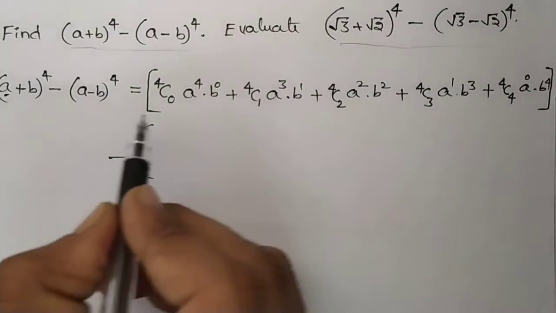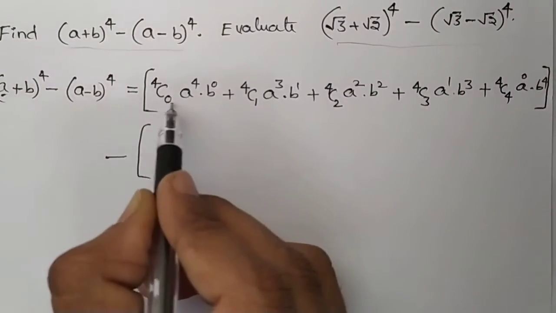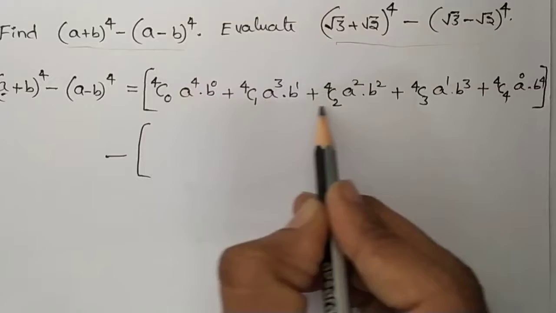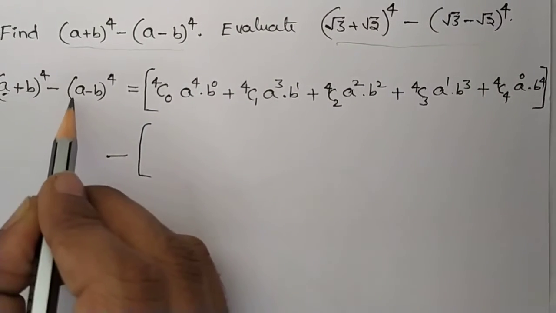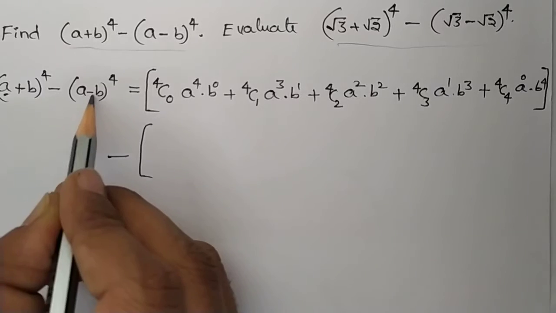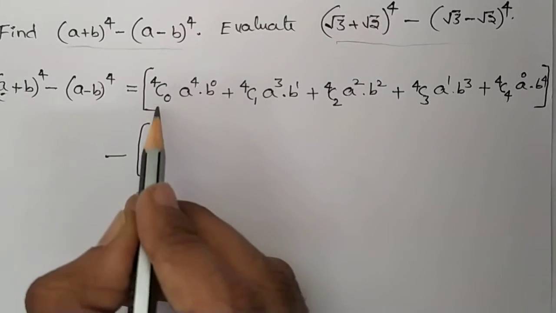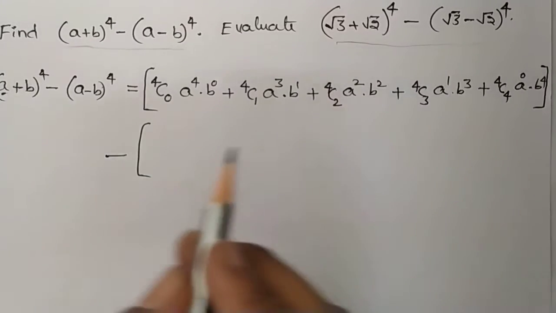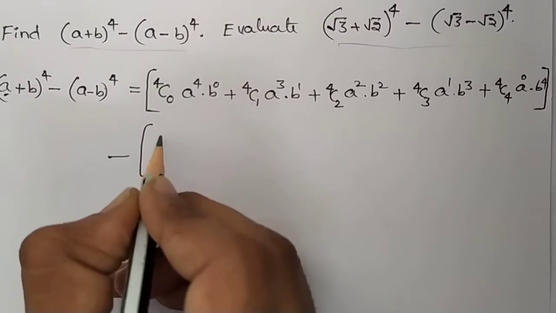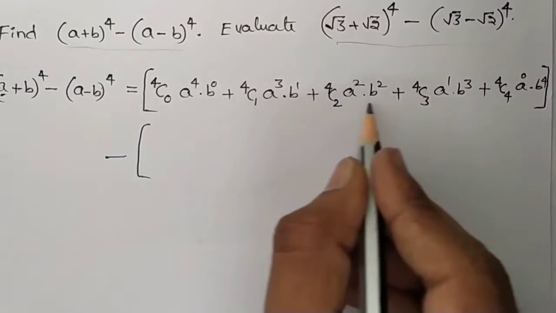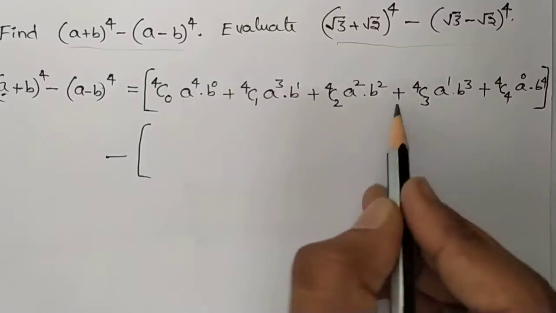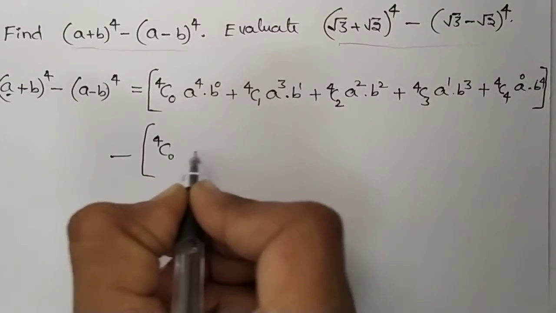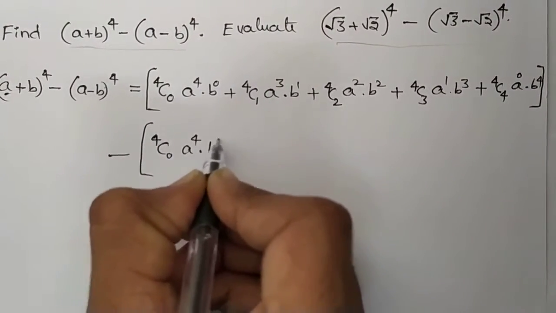Now we have already expanded (a + b)^4. If we expand (a - b)^4, then we will get the same terms, but the signs will change. Okay, let us write 4C0, so I am going to copy this step: 4C0 a^4 b^0.